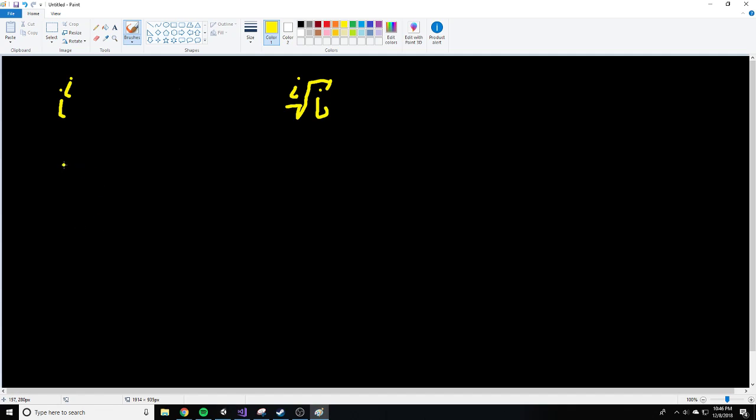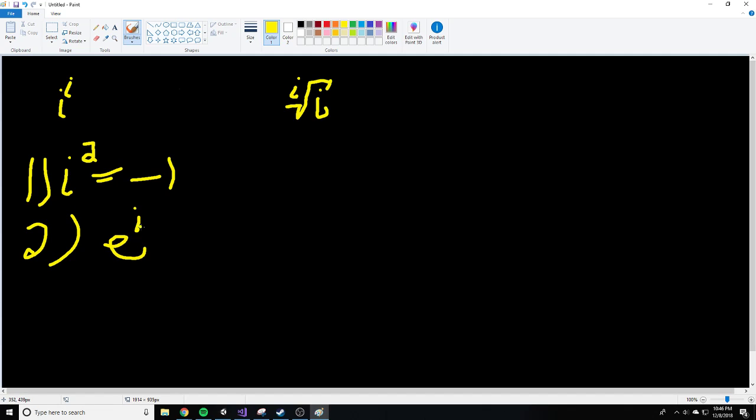This is the fastest method that I've seen. The way that I'm going to do this is just realize that one, i squared equals -1, and two, that e to the i pi is also equal to -1.